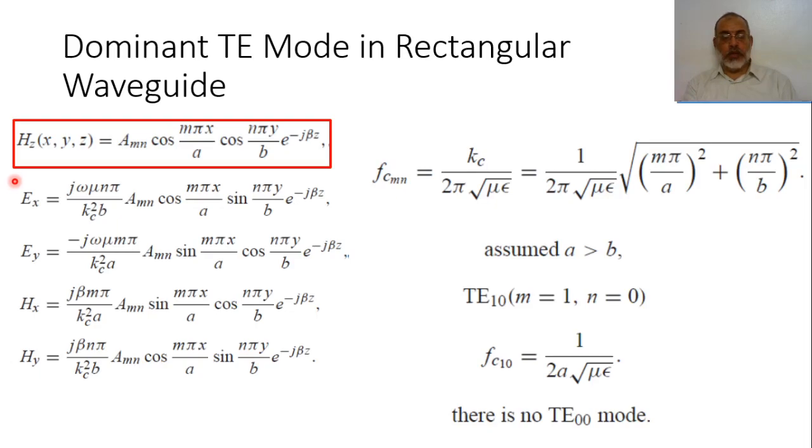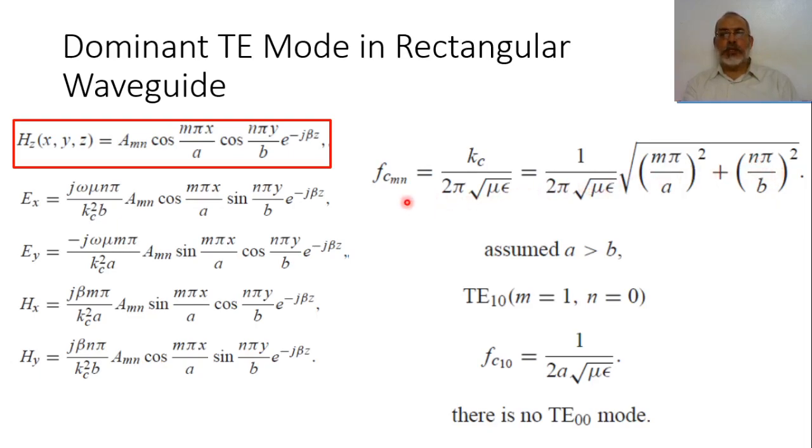and from this field distribution we obtain the cutoff wave number kc, and from the cutoff wave number we could obtain the cutoff frequency for the mode mn. We have seen that the cutoff frequency for the mode mn equals 1 over 2 pi square root mu epsilon, times the square root of (m pi over a) squared plus (n pi over b) squared.